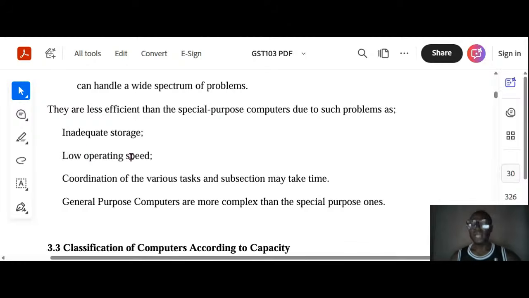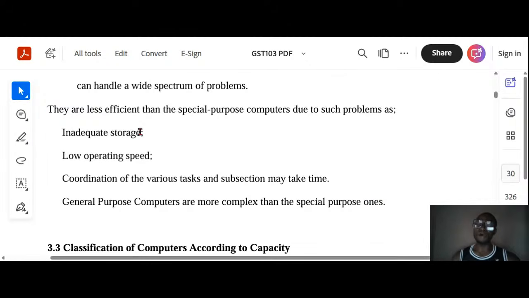So: inadequate storage, low operating speed, and the coordination of the various tasks and subsections may take time, which means it is time consuming. The general purpose computer is time consuming, has low operating speed, is inadequate in storage, and is more complex than the special purpose computer.